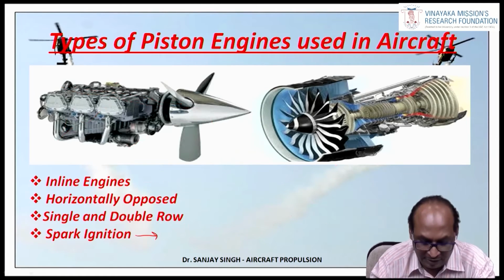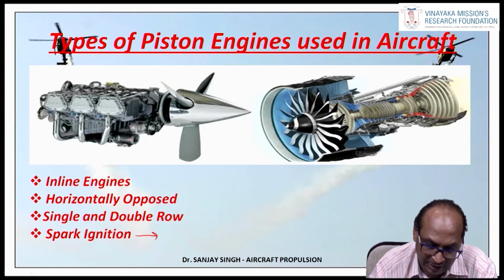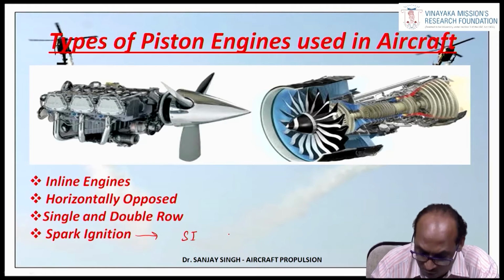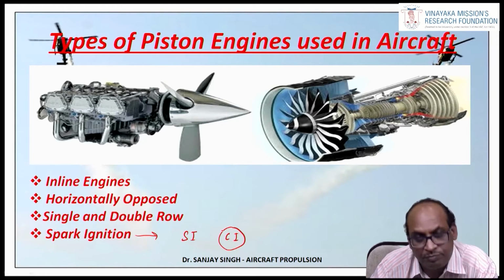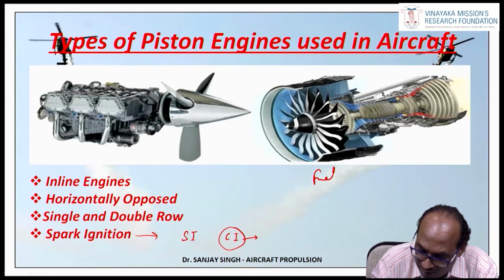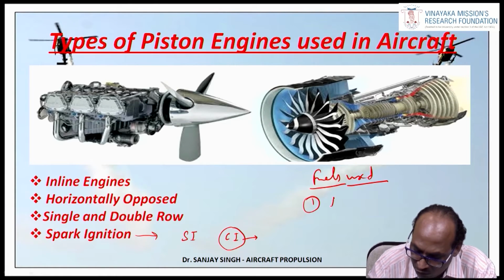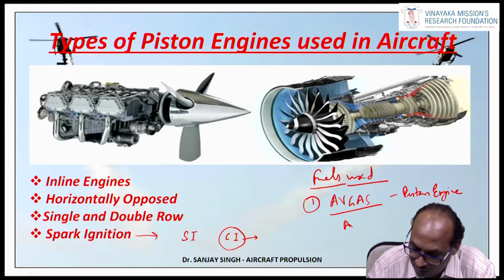Then spark ignition. The engines used here in aircraft are completely SI engines, that is, spark engines. No compression ignition engines are used. The fuel used in piston engines is called Avgas, which is aviation gasoline.